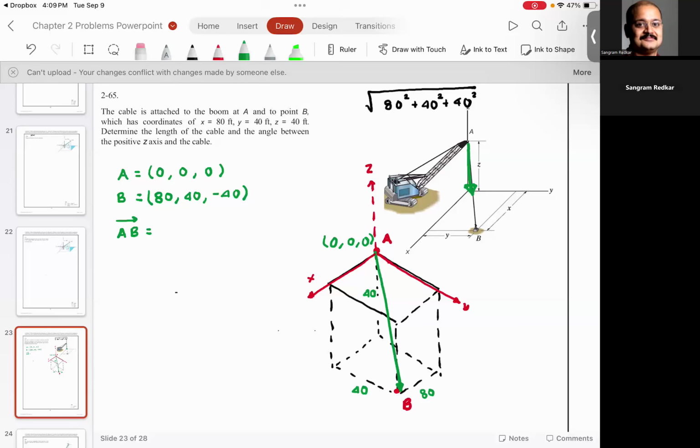Now, if I want to find out this vector AB, the way I would write this vector AB is 80 minus 0 I plus 40 minus 0 J plus minus 40 minus 0 K. Are you with me?